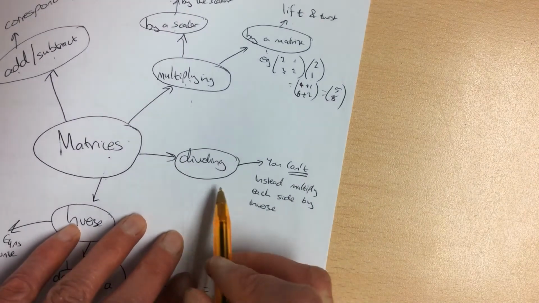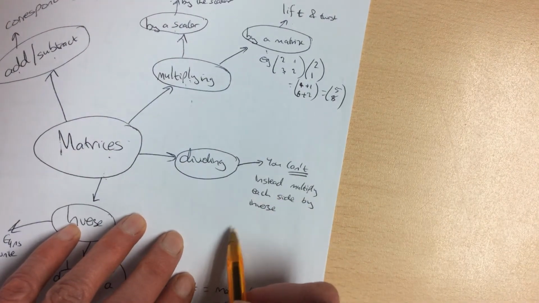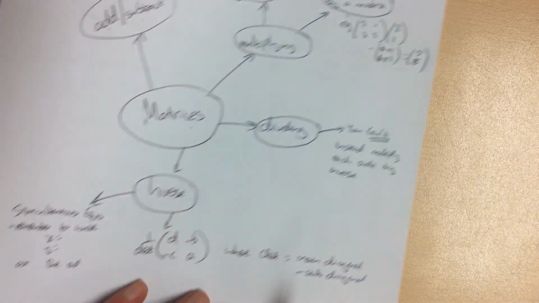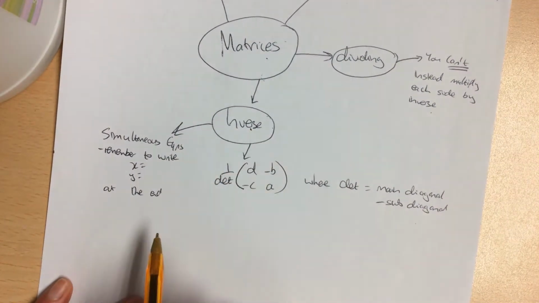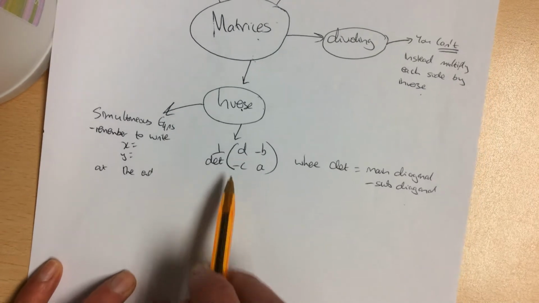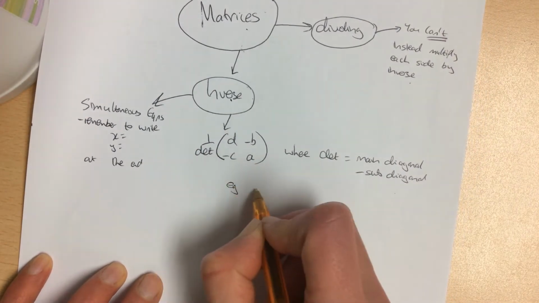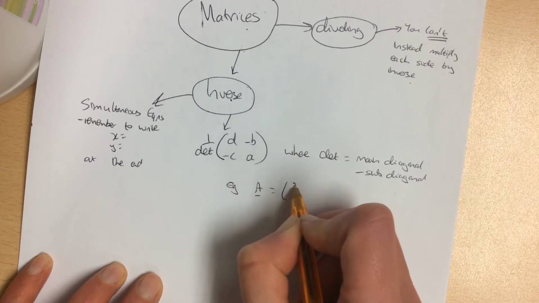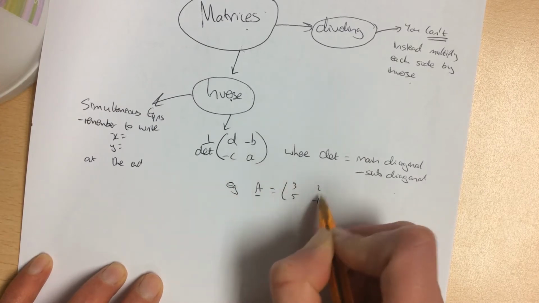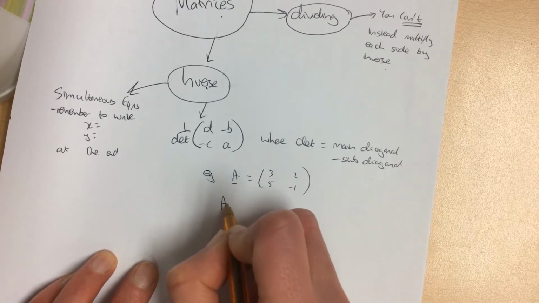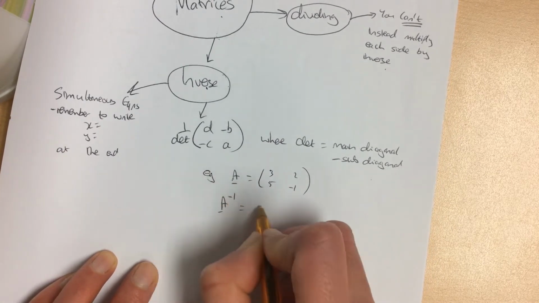If you're asked to divide by a matrix, you can't. So what you do is you multiply each side by the inverse. And the inverse, two types. You could be asked to find an inverse. So e.g., if A is 3, 2, 5, minus 1, and you want the inverse. First of all, the inverse is written with a minus 1.